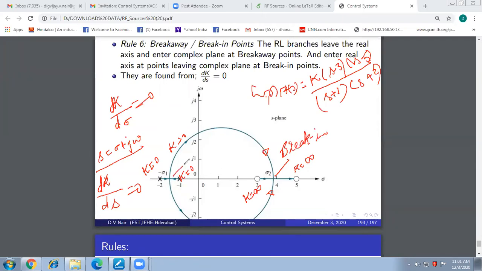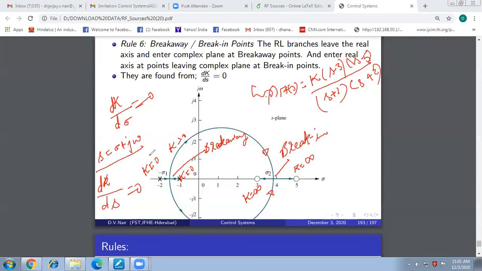Whereas this point where the root locus, being real before, tends to become complex is called what? Break away point. This is called a break away point, right? Both break away and break in points we will get by knowing this result, dk by d sigma equal to 0 or dk by ds equal to 0.